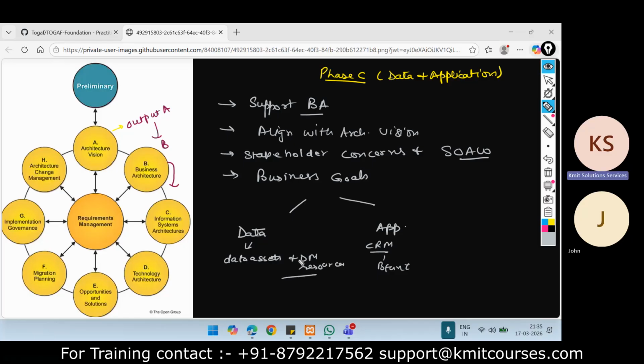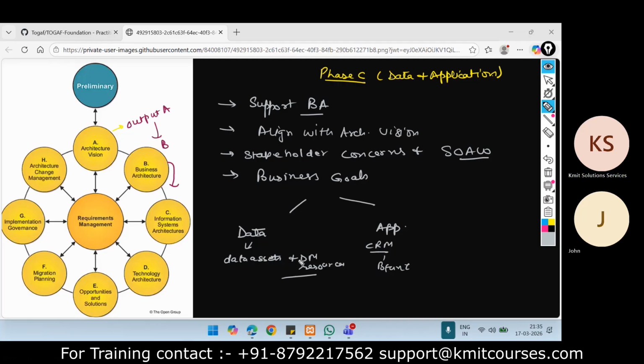Okay. So overall, phase C has two parts, data and application architecture, and it should be aligned with the architecture vision, business architecture, stakeholder concerns, statement of architecture work, and business goals.